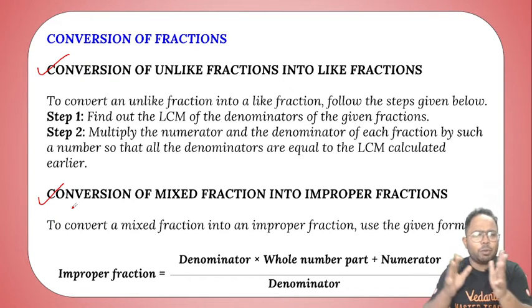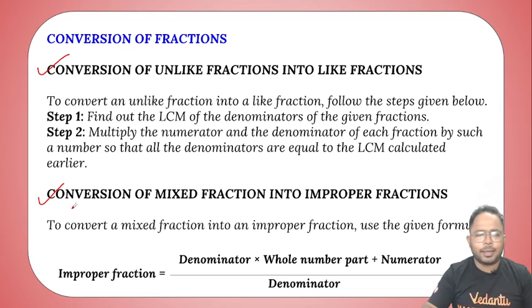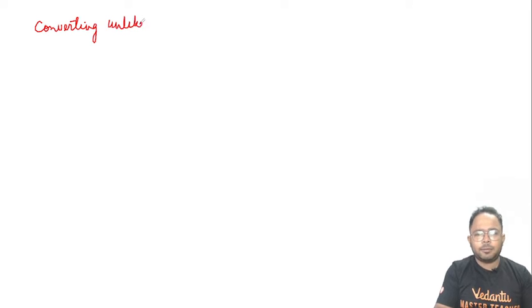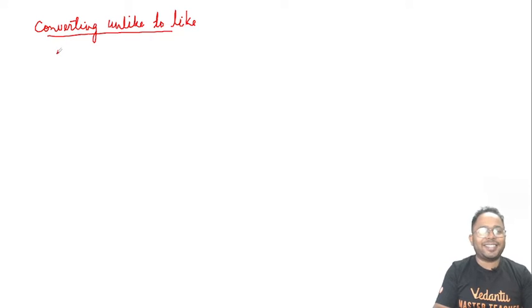Unlike means the denominators are different और उनको क्या करना है, हमें like में बदलना है. Okay, चलो. So converting unlike to like, मतलब डिसिप्लिन नहीं है ना, इनडिसिप्लिन है, उनको डिसिप्लिन में लाएंगे. चलो, so let us see.